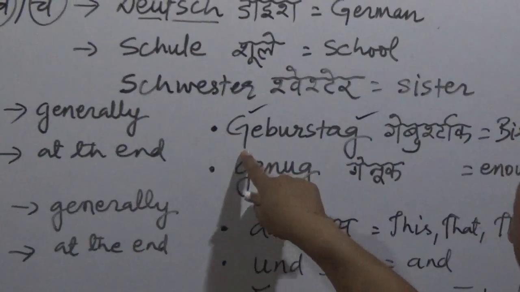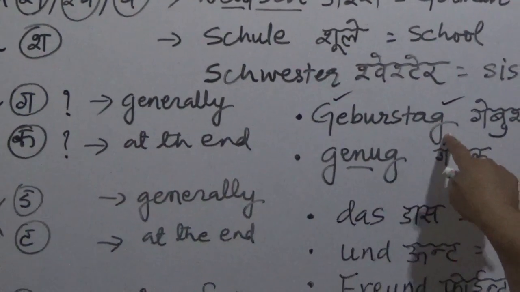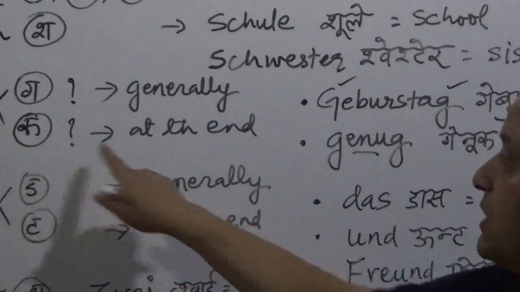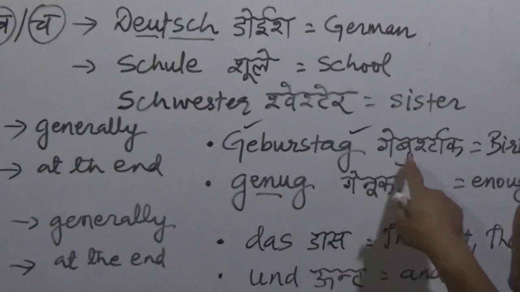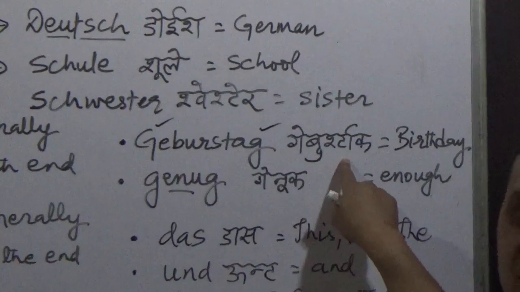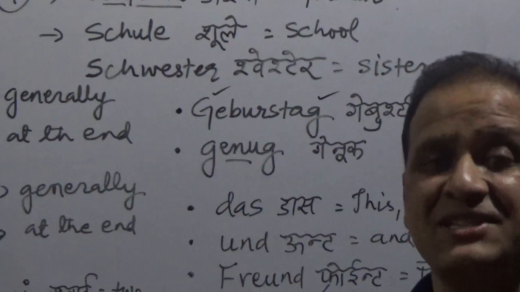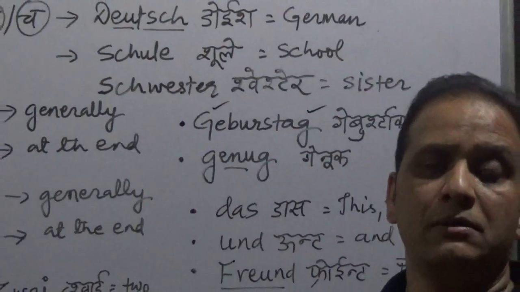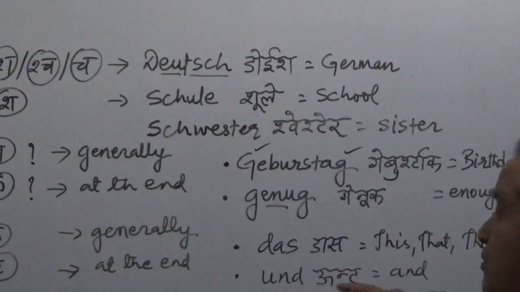Normally it will give the G sound, but if it comes at the end, it will give the K sound. Here, see the rule. So how do you read it? Geburtstag. I have written it for your convenience in Hindi also. Geburtstag heißt birthday. Mein Geburtstag ist am 9. August. So my birthday is on 9th of August.